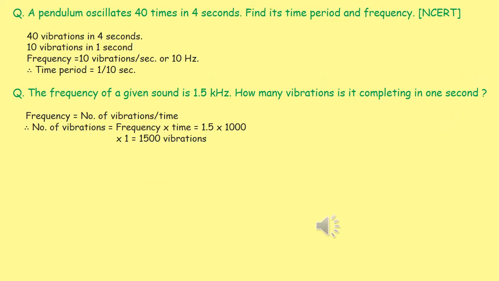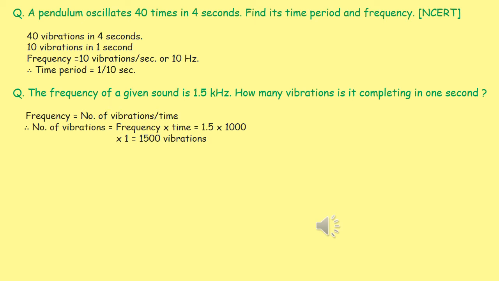Let us solve a few numerical problems. A pendulum oscillates 40 times in 4 seconds. Find its time period and frequency. This is a question from the NCERT book. Here it is said that in 4 seconds, the number of oscillations completed is 40. So, in 1 second, the number of oscillations will be 10.